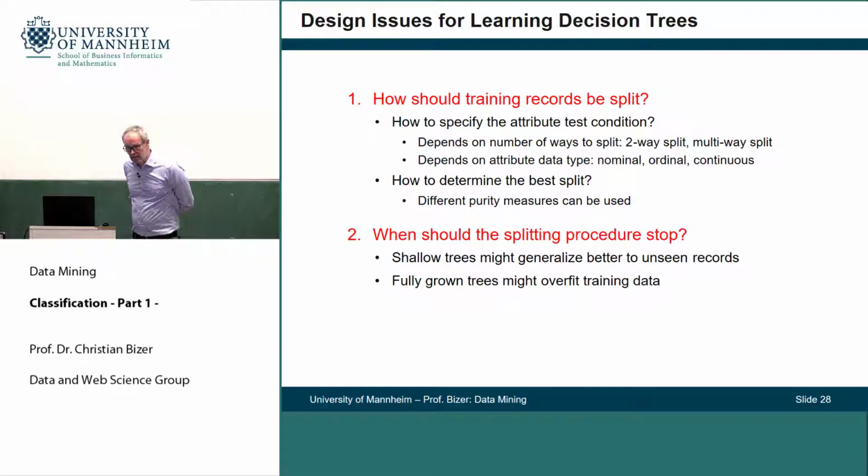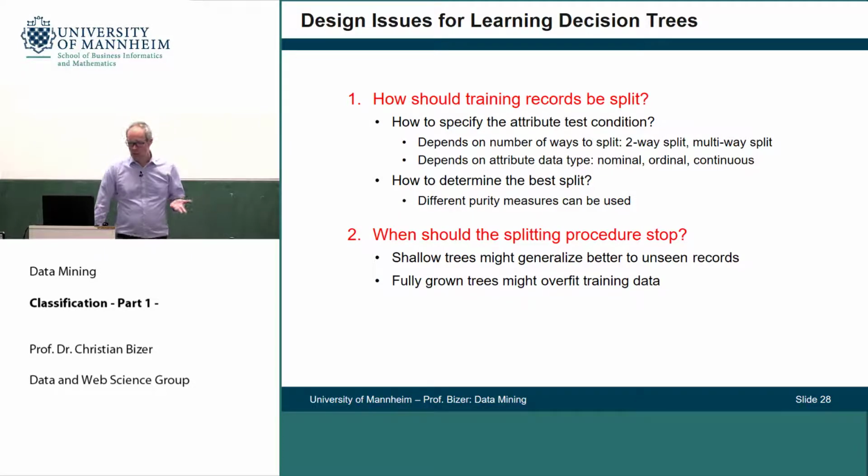So for doing this, we have various things to take into consideration. We could apply different types of splits, and how we split also depends on the data type of the attribute. We could, on the one hand side, always have two sub-buckets, or we could do a multi-way split and have multiple sub-buckets, 3, 4, 5, 100.